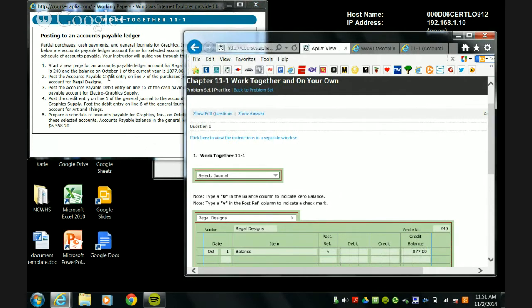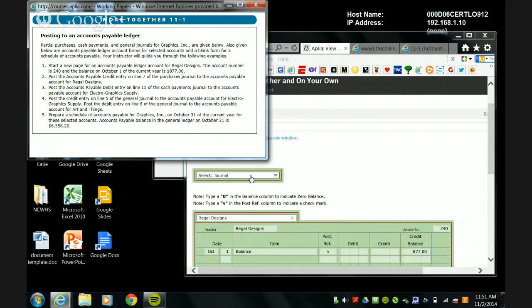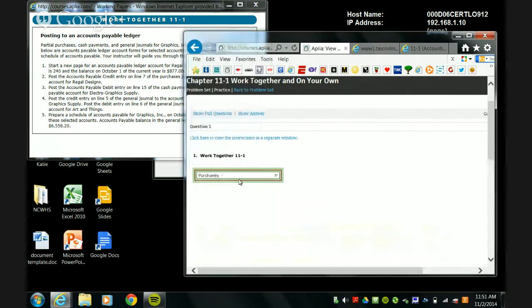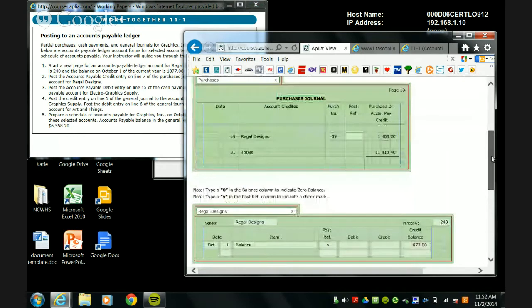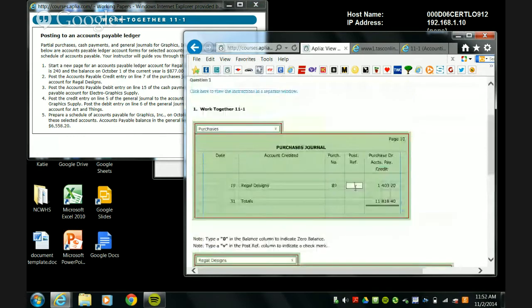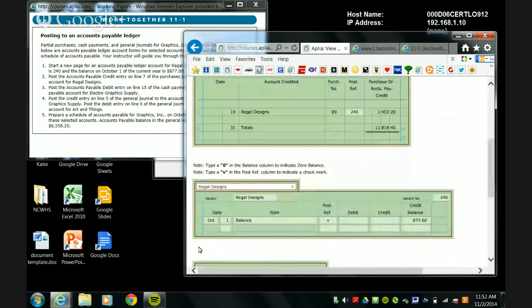Post the accounts payable credit entry in line 7 of the purchases journal. So I pull up my purchases journal. I got Regal Designs. I type in their post reference number, which again is 240. And then I go down to theirs. This happened on the 19th. This is from my purchases journal, P10.